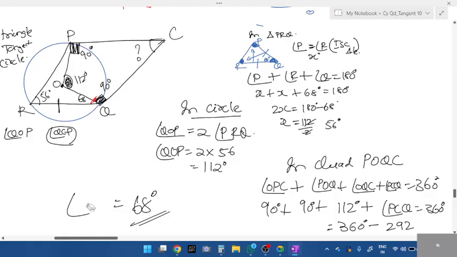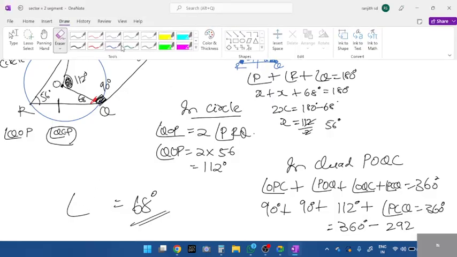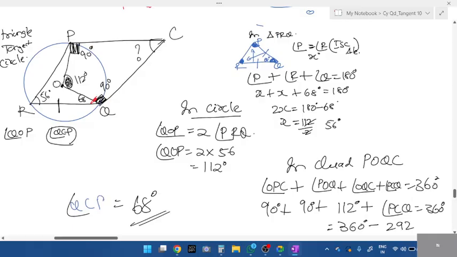Angle QCP. This was given for 3 marks, and you have to be very quick. 3 marks, you shouldn't spend a lot of time. In triangle PQR, in circle, in quadrilateral. Okay, 3 geometrical figures, 3 marks, 3 calculation.